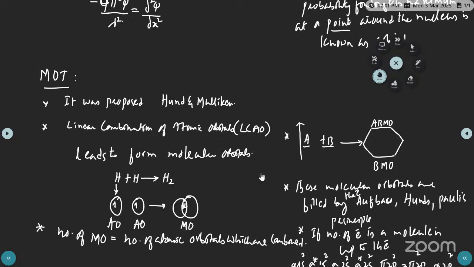According to molecular orbital theory, the linear combination of atomic orbitals leads to the formation of molecular orbitals.